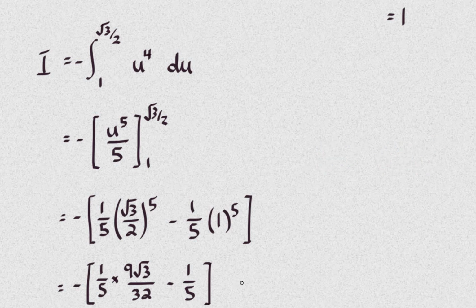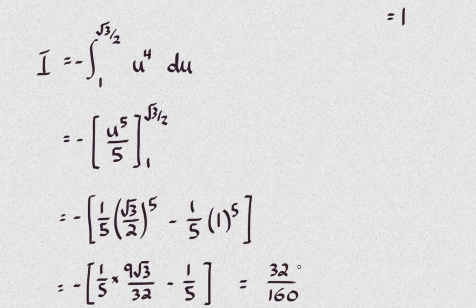All that's left to do is tidy this up. We notice that when the 5 and the 32 multiply, we'll get a value of 160. To then incorporate this minus 1/5, we need to make that the same denominator. So 1/5 can be rewritten as 32 over 160. The minus and the minus out the front, that makes a positive.